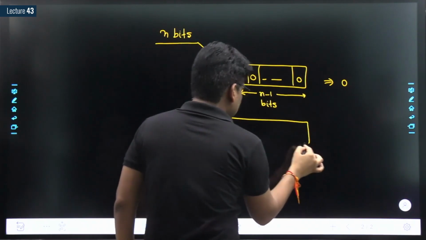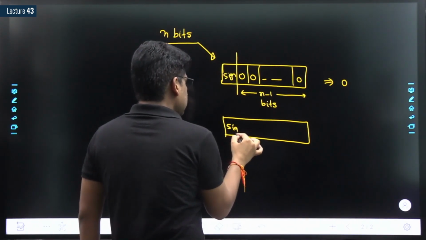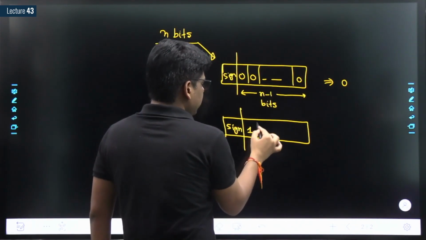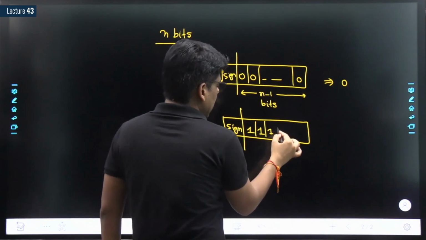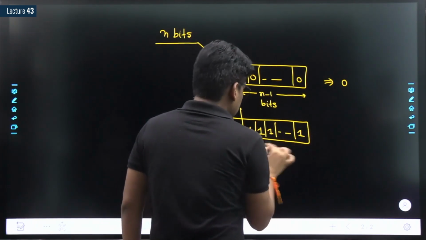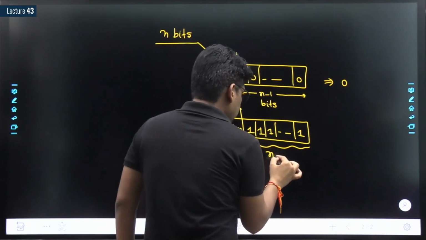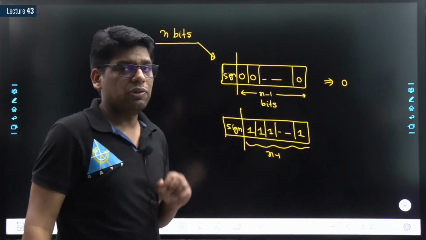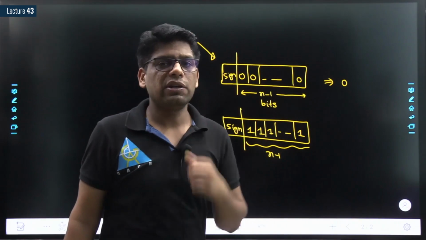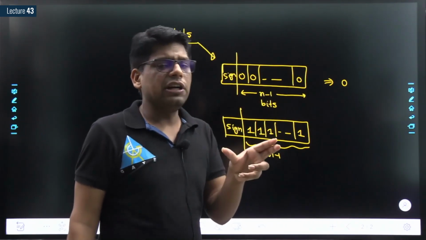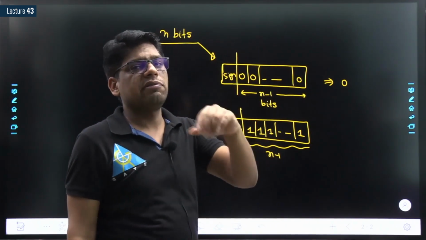And what could be the maximum value? Sir, 1 bit is reserved for sign. Maximum value occurs when all the bits are 1. Sir, do we know? If we have 5 contiguous 1s, the value will be 2 to the power 5 minus 1. If we have 7 contiguous 1s, the value will be 2 to the power 7 minus 1.